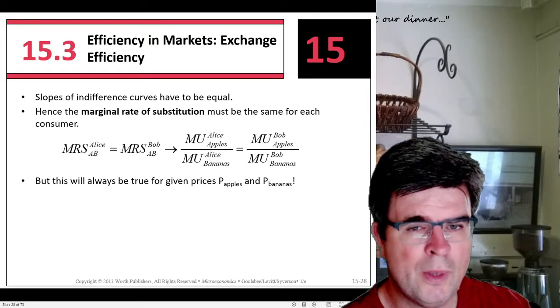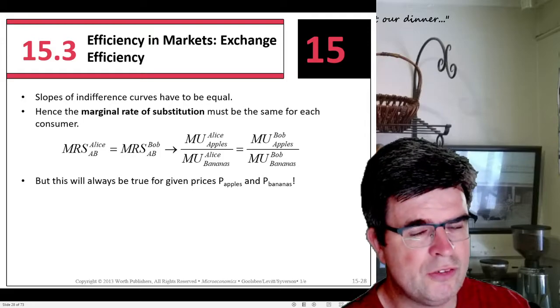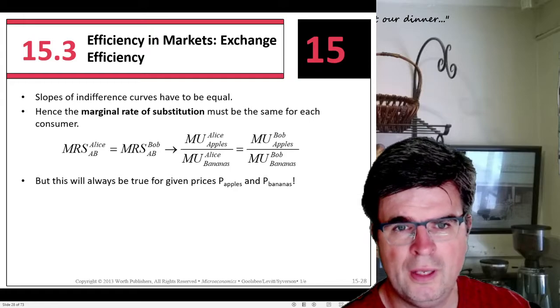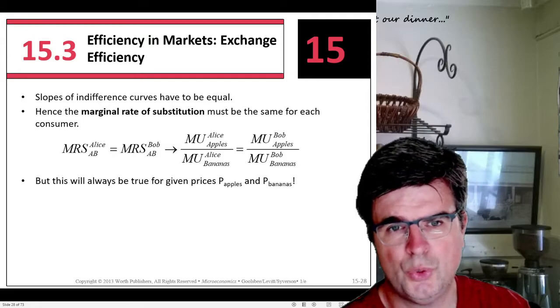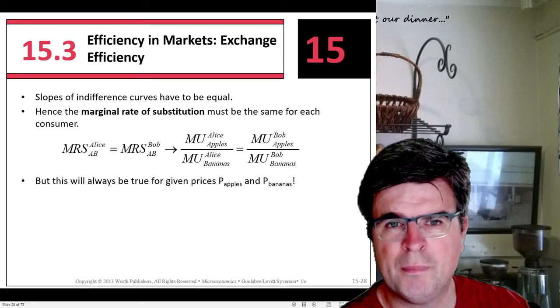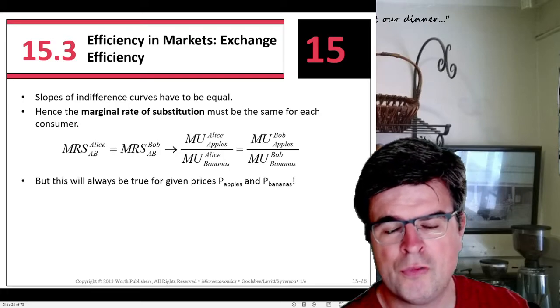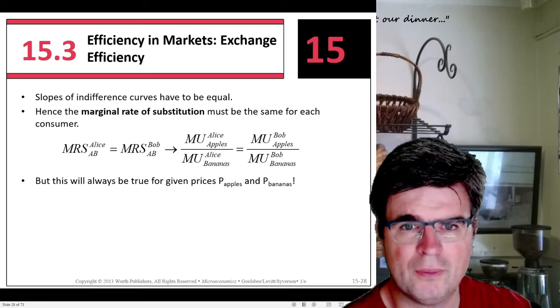So they equate the marginal utility ratios, the marginal rate of substitution, each independently to the same price ratio. And by equating them to the same price ratio, this ensures that also the marginal rate of substitution of both individuals must be identical.